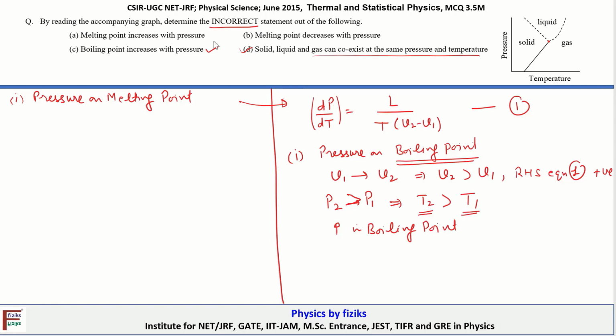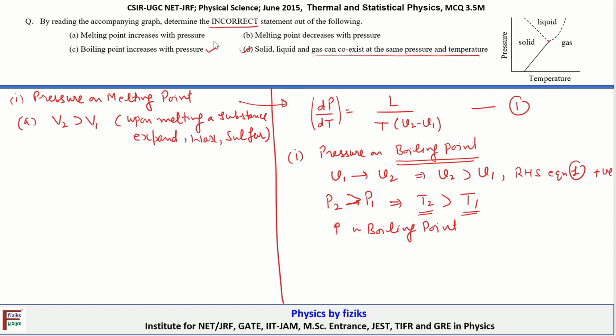The first case is the situation when a particular substance expands in volume upon melting, that is V2 is larger than V1. For instance, the examples are wax and sulfur. Upon melting, these two substances expand.